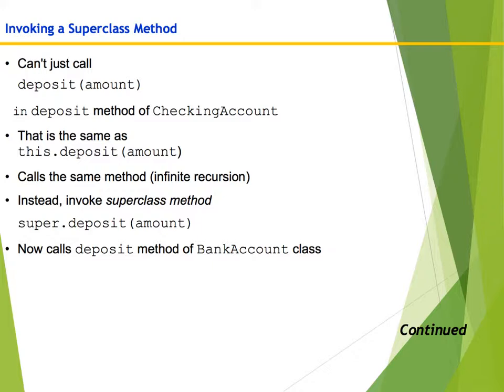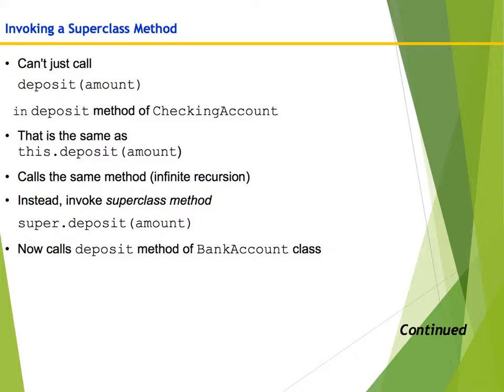So instead, you need to explicitly say that you are invoking the method of the superclass. That's why we use the word super. It's a keyword. We write super dot deposit and the amount. So this way, the Java compiler would know which method to invoke.